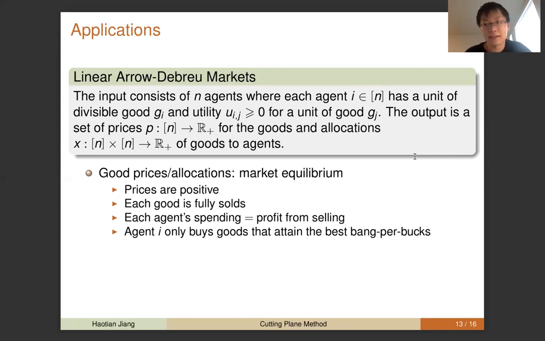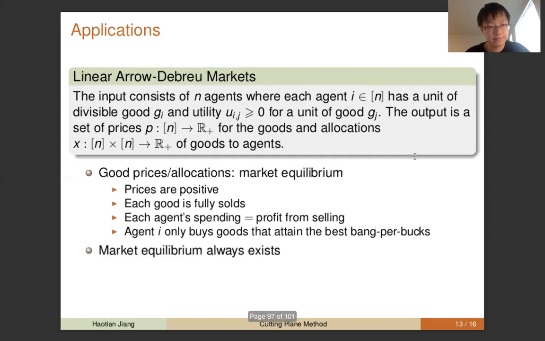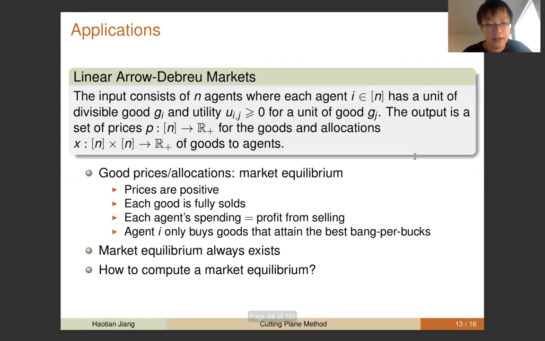So if he buys an item that is really desirable, he's not going to pay any money to items that are less desirable. I'm not going to formalize what these statements mean in terms of the math. It's well known that market equilibrium always exists. And the question we study is how to compute a market equilibrium.